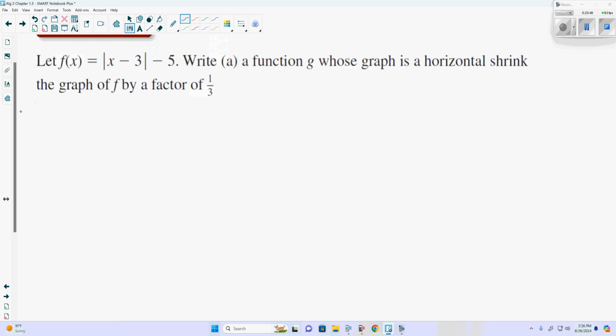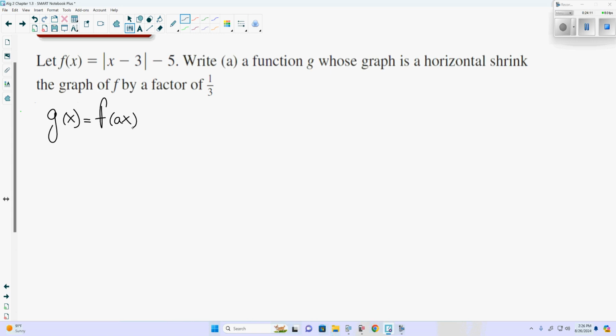This next one here, we want to write a function g of x whose graph is a horizontal shrink by a factor of 1/3. Since it's talking about a horizontal shrink, we're looking at g of x equals f of a times x.